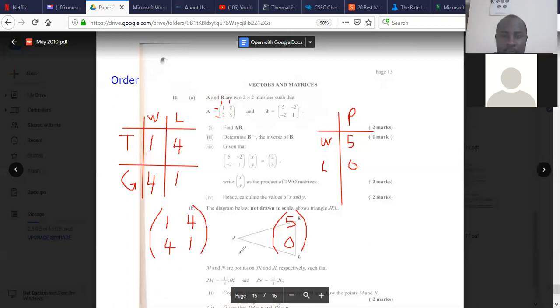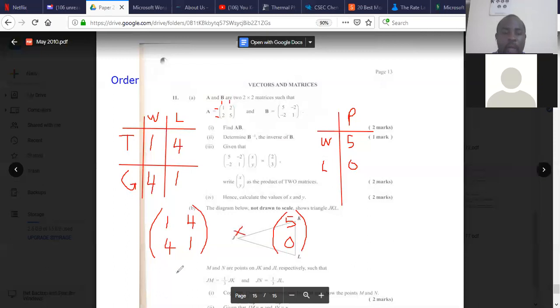I want to represent a matrix that shows how many points Taki will have and how many points Geisel will have. What operation would you do to these two sets of data? Multiplication. Excellent, so we'd multiply these matrices.